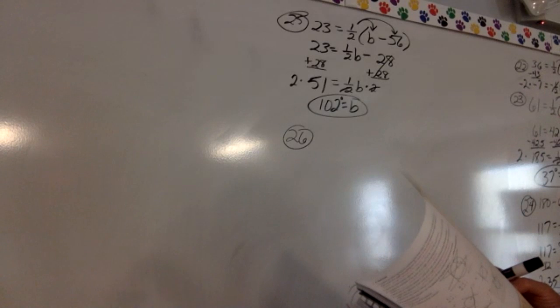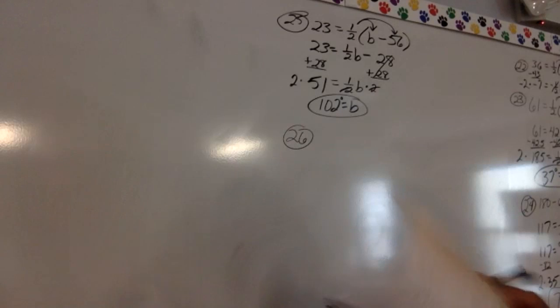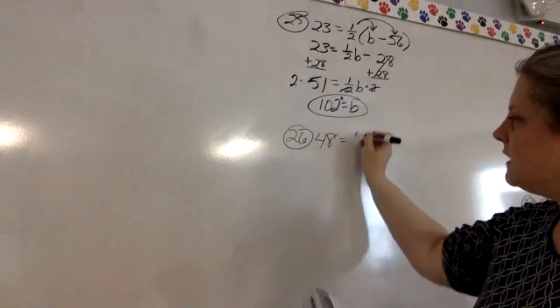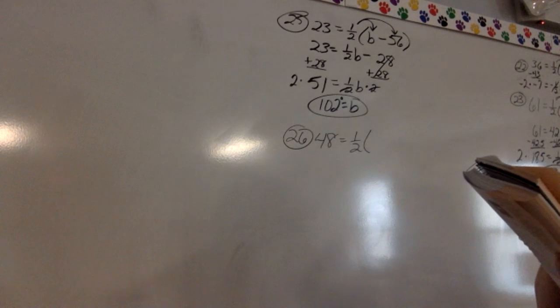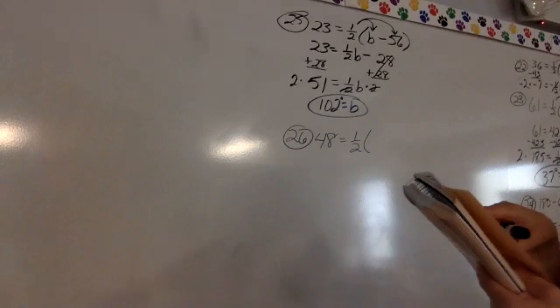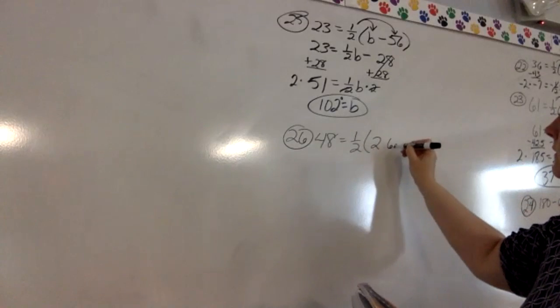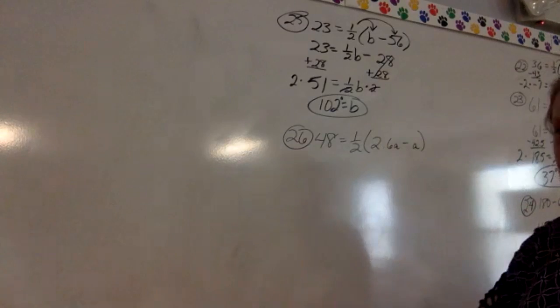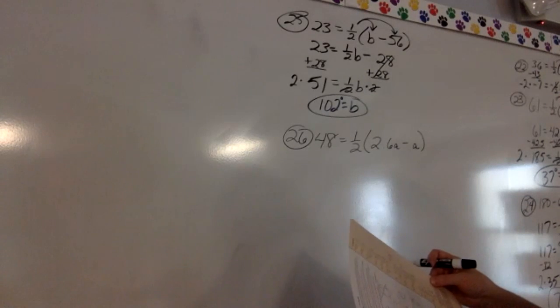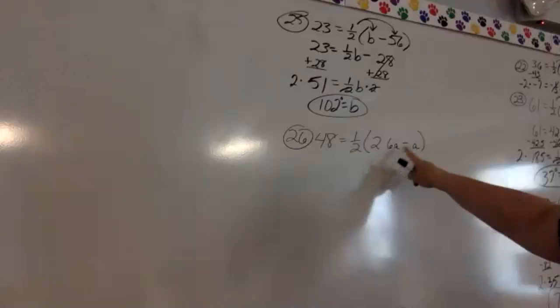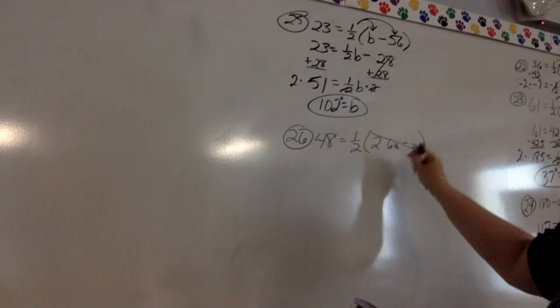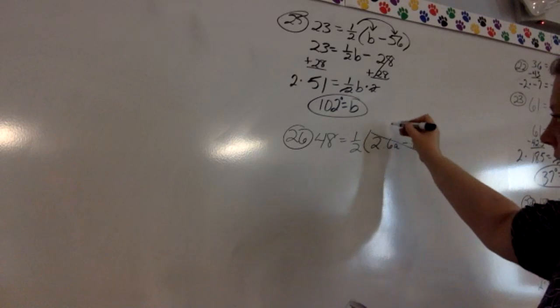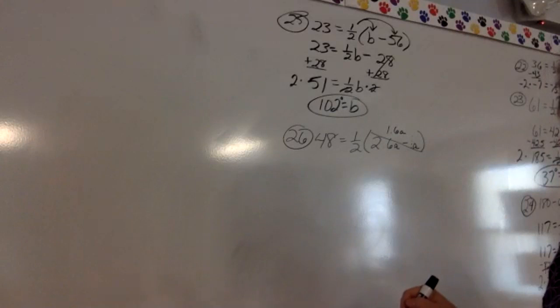Yeah. So we've got 48 is the angle, and that's equal to 1/2 the big arc, which was, what is that, 2.6A? Is that what it says? The big arc was 2.6A and the little arc was A. Okay. So 2.6 minus 1 is 1.6.